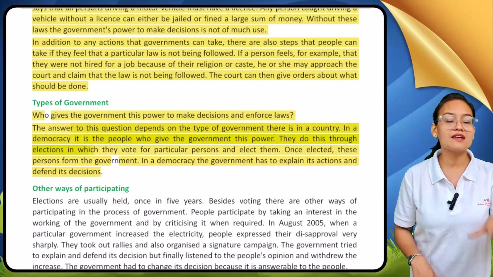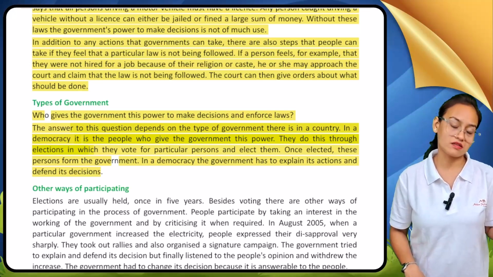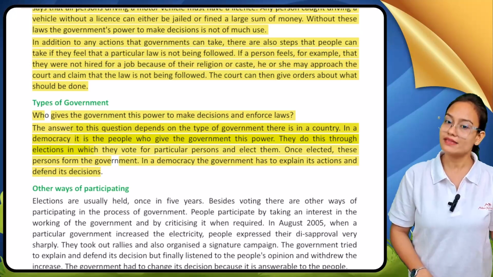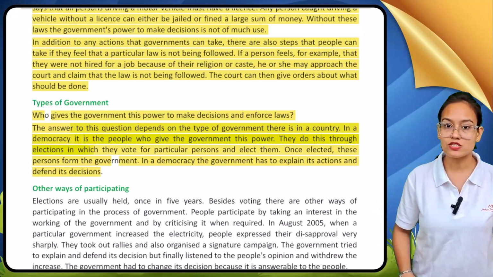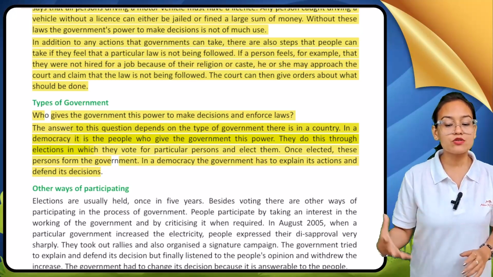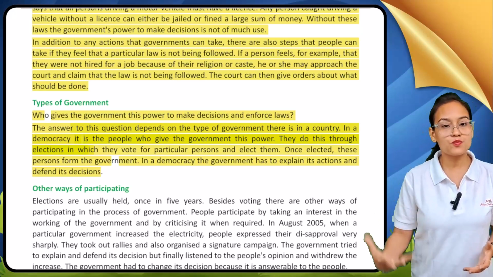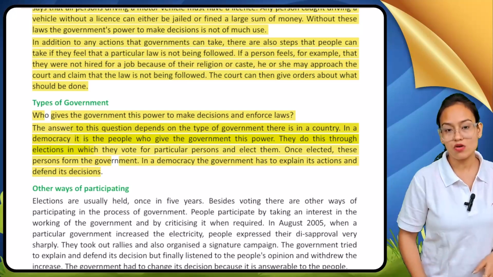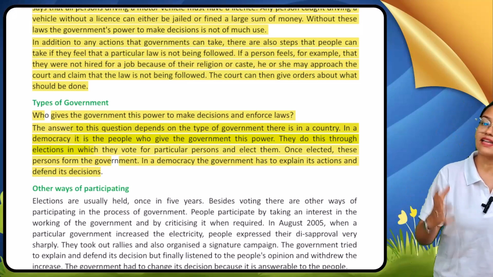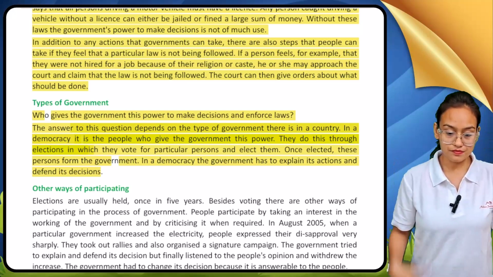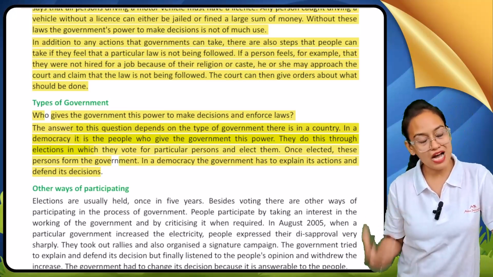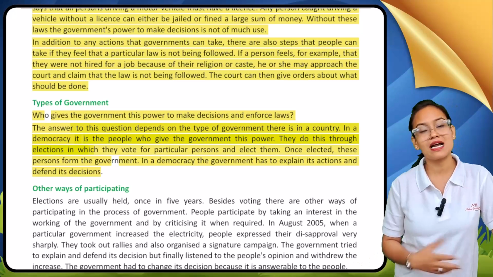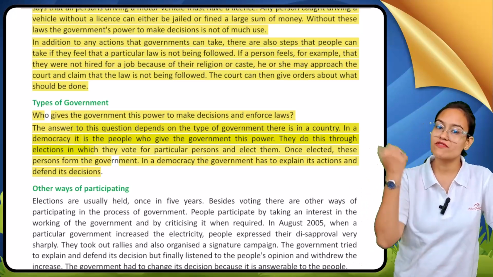So if the country has a democratic government, then the people of that country are responsible for forming the government. They do this process by using elections. In elections they select their candidates. Once elected, these persons form the government. After winning the election, that person or group of persons can form the government.